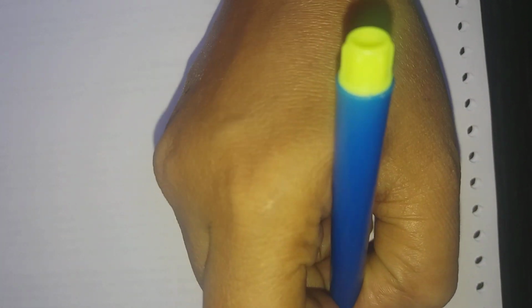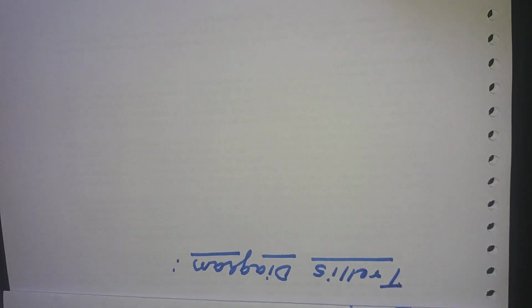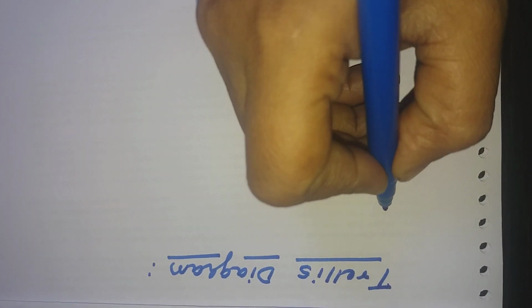Understand how to draw the trellis diagram. For the trellis diagram also, we need to start from the 4 states.